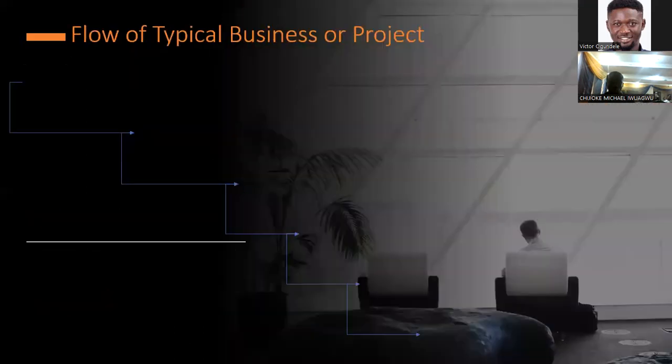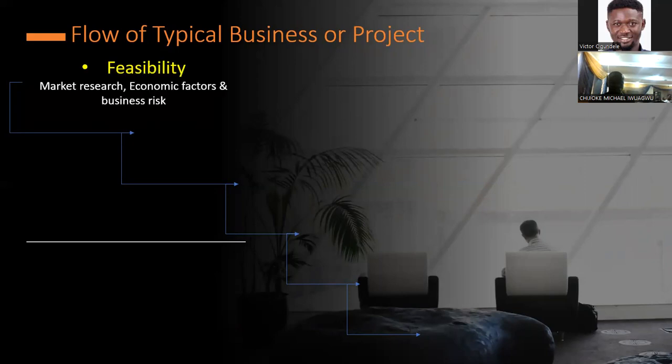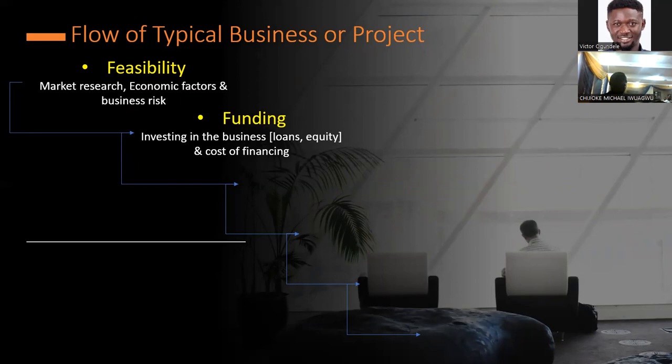Let's look at the typical flow of a business. You want to start a business today? I'm quite sure the first thing you need to do is a feasibility study, some market research, economic factors, right? To be able to understand if there is a market for your business. After that, you go ahead and try to get your funding, maybe through loans or equity. You also consider the cost of funding.